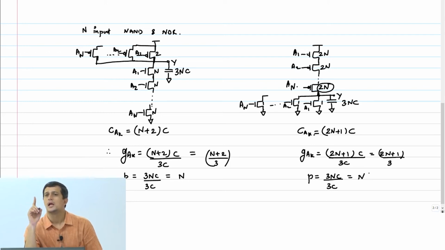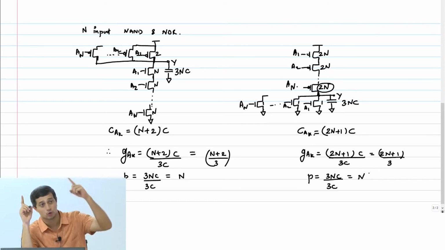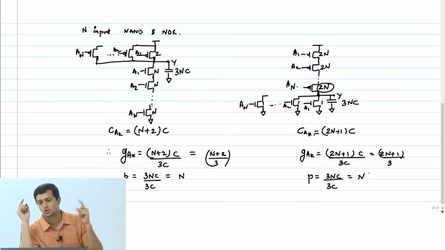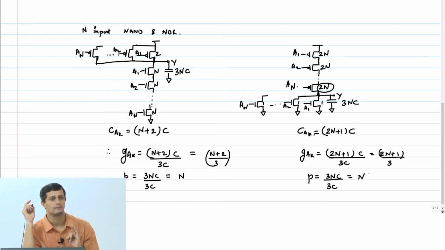Right? So apart from the fact that your parasitic delay went as square of n, earlier you remember we did this derivation, the parasitic delay goes as n square. So putting these two reasons together, it's obvious that you don't want to have a very large stack. The moment you have a large stack, your logical effort will go up, your parasitic delay will start going up significantly.